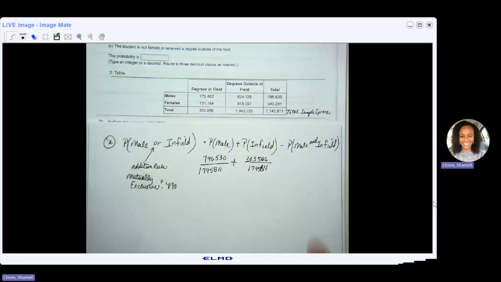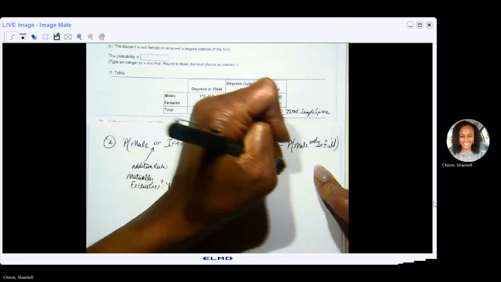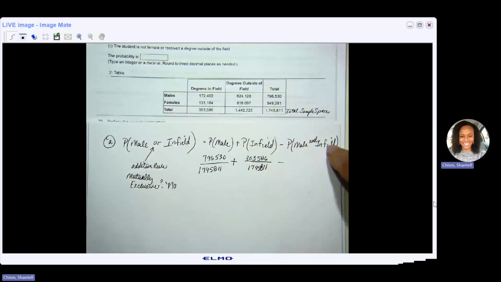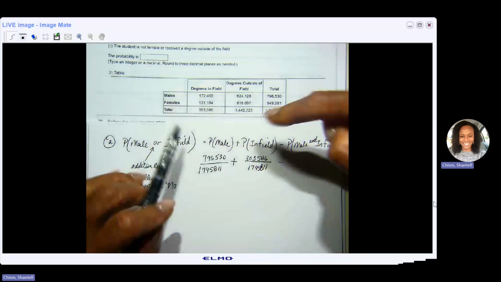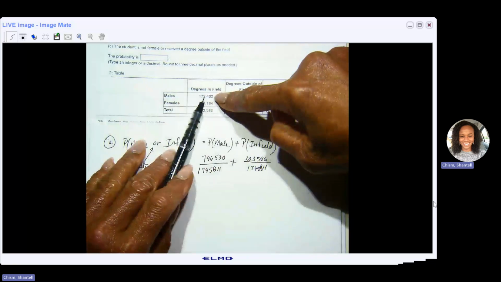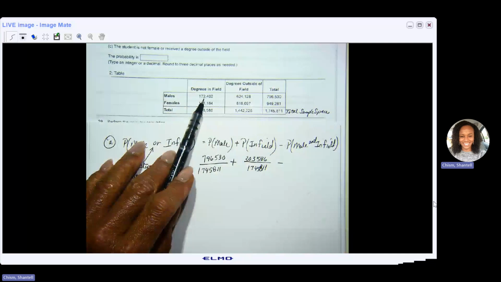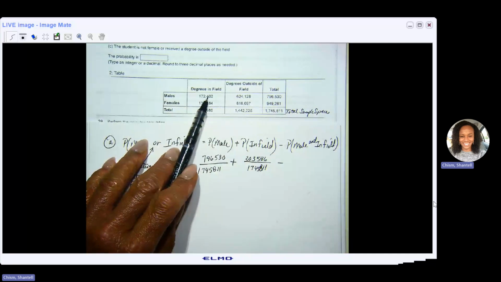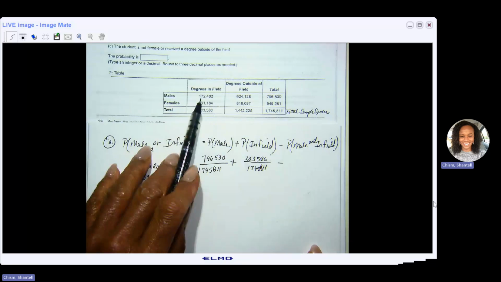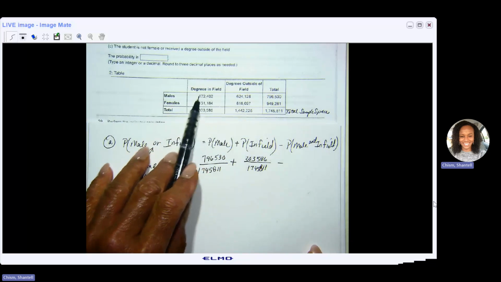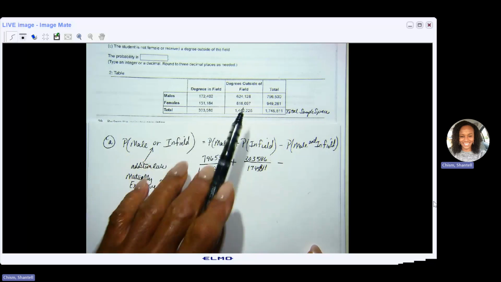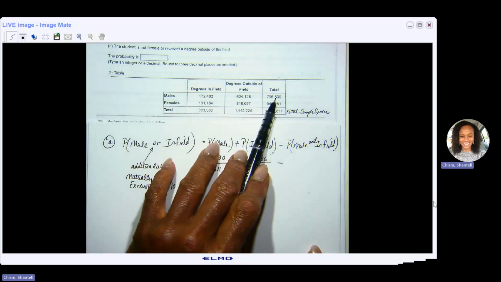And then from that, we're going to subtract the total number of students who are both male and earned a degree in field. That's where they overlap, the male row and in-field column right there. There were 172,402 who are male and earned a degree in field. We have to subtract that because that amount was included in this total for degrees in field, and it was included in the total for males right here.